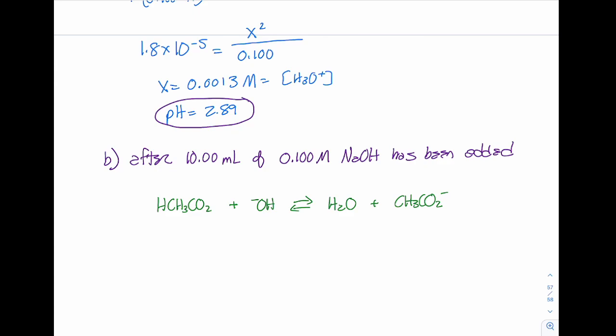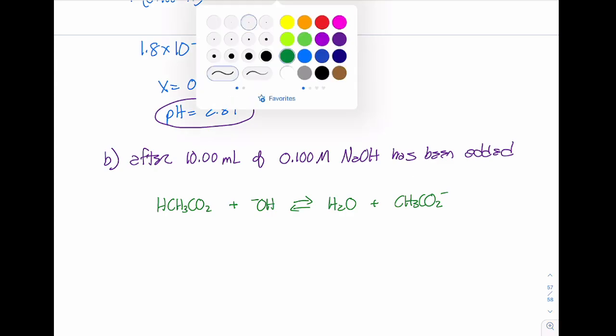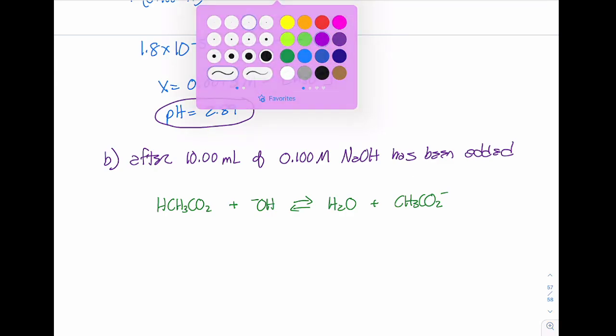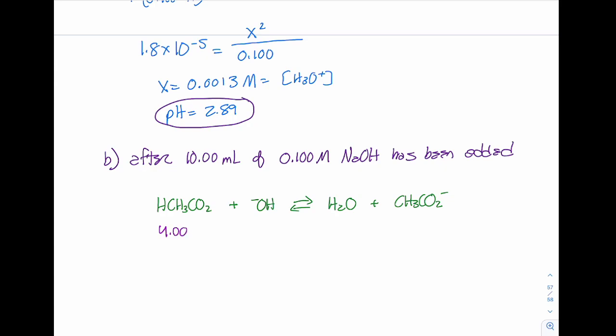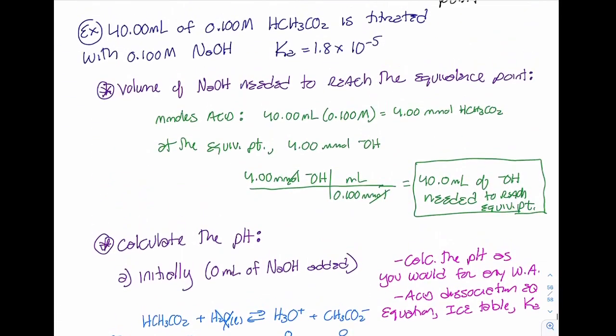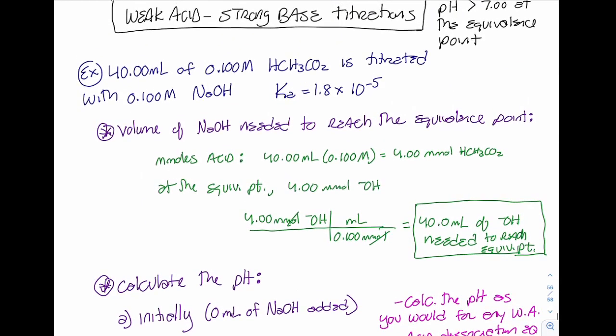I'm then going to make essentially my change table. So I started out with 4 millimoles of my acid, right? We calculated that earlier. If we go back up here, right? Millimoles of acid, 4.